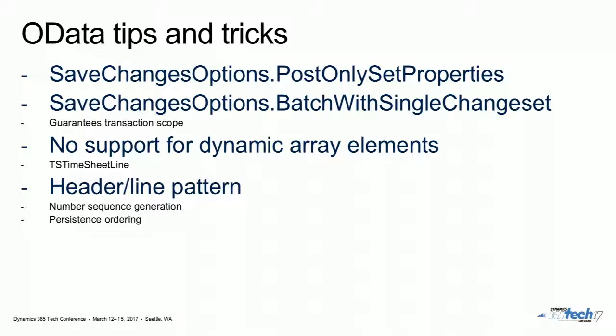So in that case, you can still batch the call, but use an independent operation. That way, the only customer that failed will not be created. The rest of them would be created in D365.